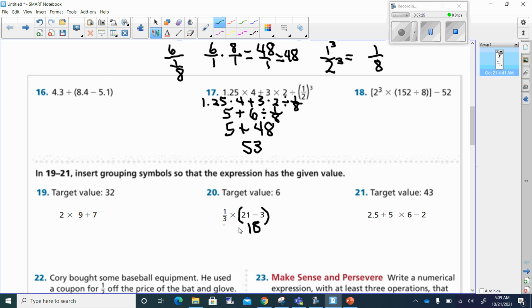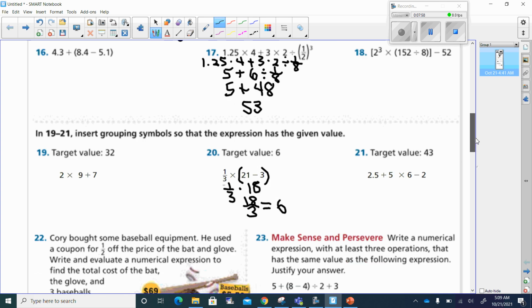By having to do the parentheses first, before I multiply to this fraction, it enables me to change the number that I'm multiplying to my numerator. 18 times 1 is 18, and 18 divided by 3, well, that fraction is a division problem. 18 divided by 3 equals 6. And as you can see, by arranging my grouping symbol in the right place, I can get a different value.